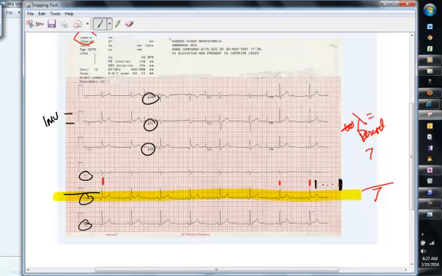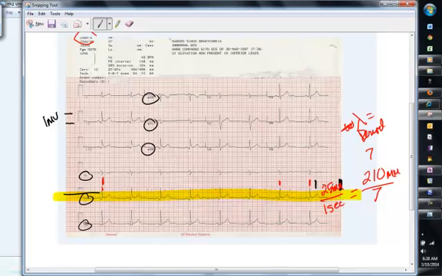Counting by 5s along the graph, we get to about 210 millimeters. Okay, so we know that according to our graph, 25 millimeters is 1 second.